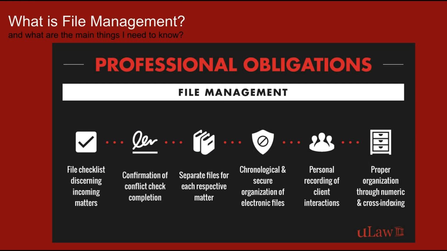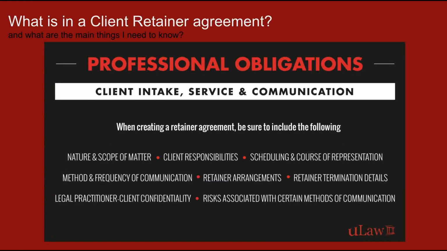Of course, following a file checklist. Make your own file checklist or take the one given out by the Law Society, and ensure you prepare the retainer agreement, keeping in mind all the terms and conditions that you'd like to lay out on the very first day when you talk to the client, when you are about to begin the work.